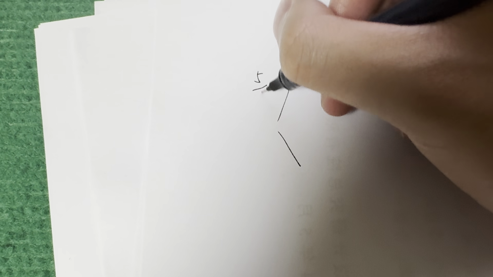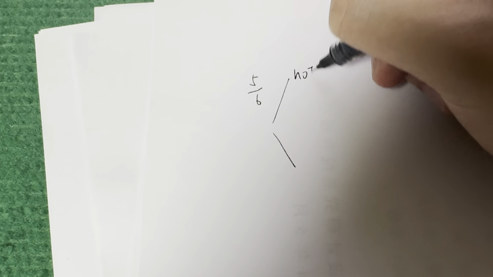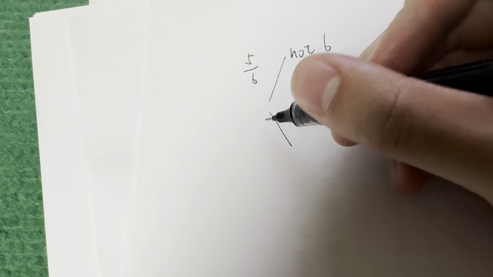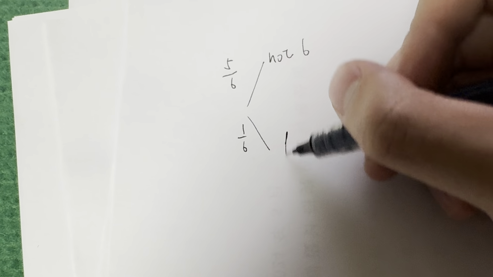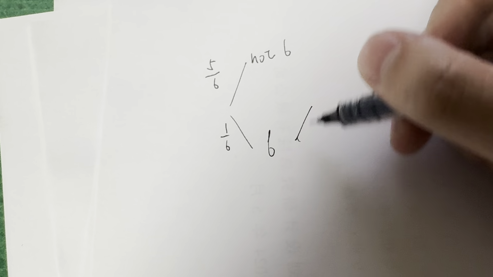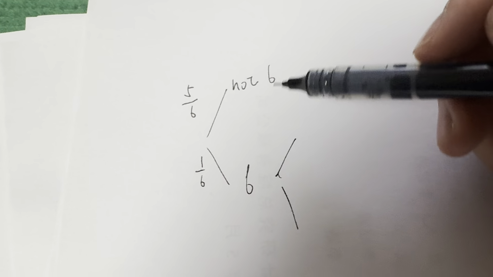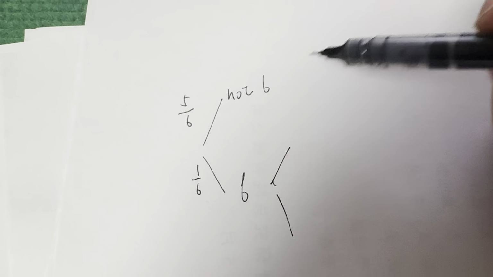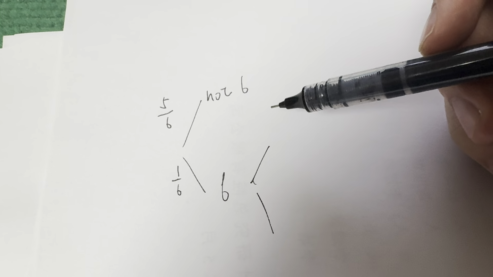We have 5/6 to get not 6, and 1/6 to get 6. If the first time we cannot get 6, then no matter what the second time is, we cannot achieve my requirement.